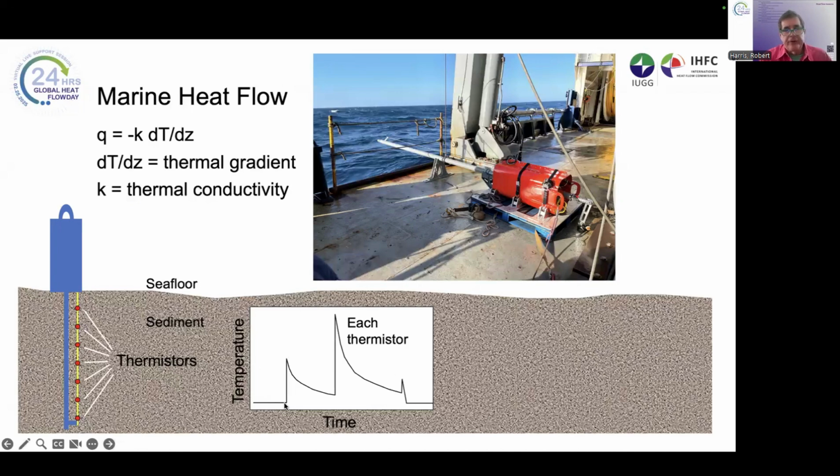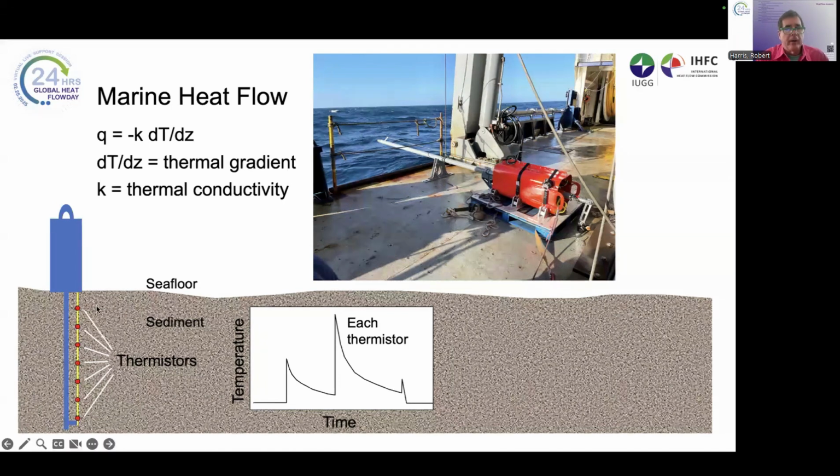It's inserted into the sediment that generates a frictional heating signal for each temperature, which then decays, and from that, an equilibrium temperature can be derived.